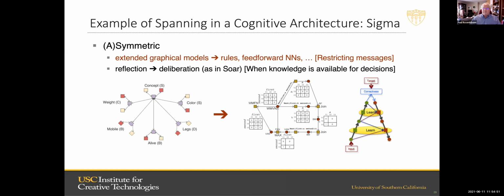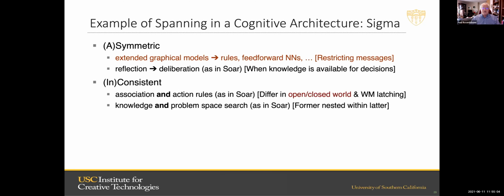It also uses the restriction in SOAR where you can get deliberation out of reflection when there's sufficient knowledge to control the decision making. For inconsistent, we have two kinds of rules that differ in terms of whether they latch in working memory, again, as in SOAR, but Sigma adds on an open versus closed rule distinction there as well. You also get the knowledge versus problem space search distinction from SOAR, with the former nested within the latter.